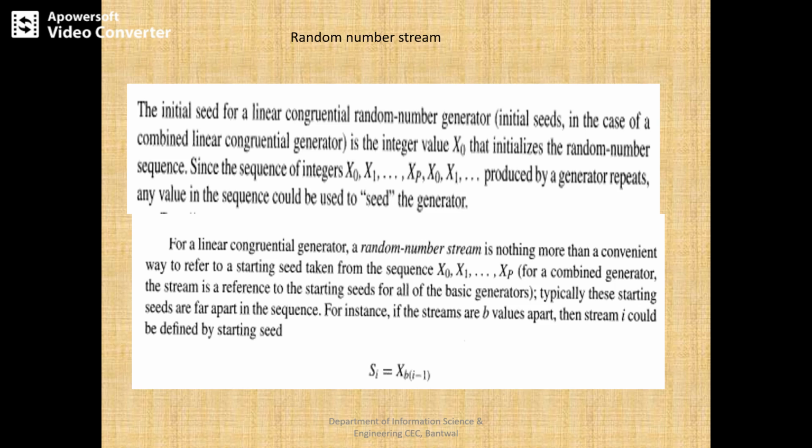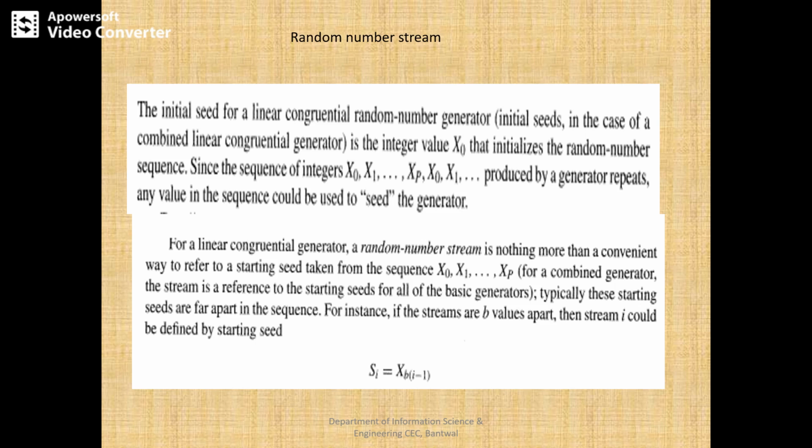For a linear congruential generator, a random number stream is nothing more than a convenient way to refer to a starting seed taken from the sequence X0, X1, ..., XP.